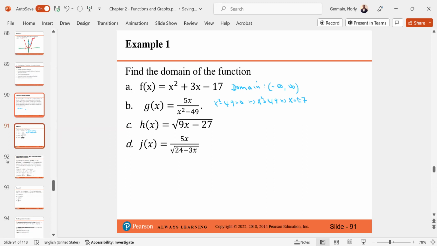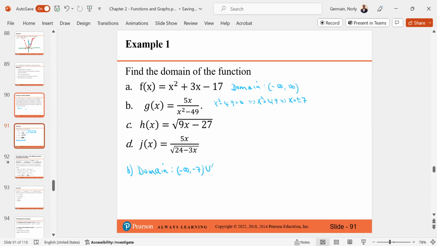So at this point, we can say for B the domain can be anything except negative 7 and 7. There are different ways of writing that. If we use interval notation, we take everything from negative infinity to negative 7, with parentheses meaning negative 7 is not included.